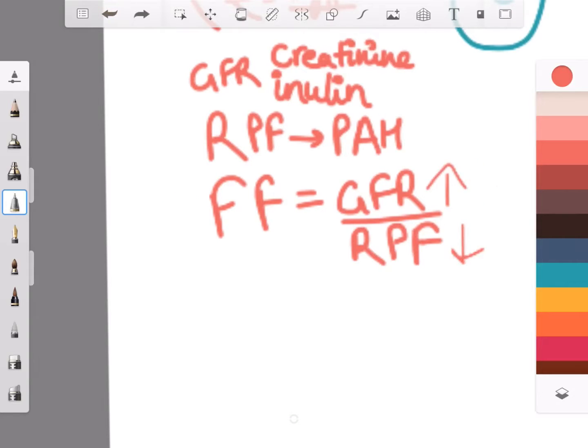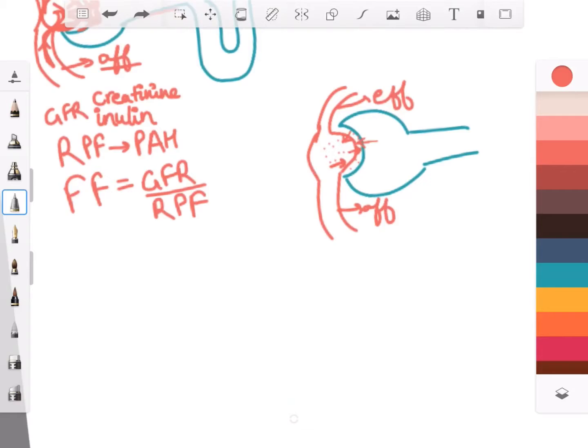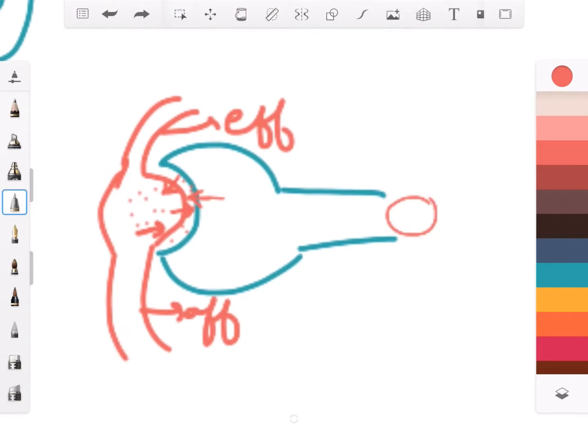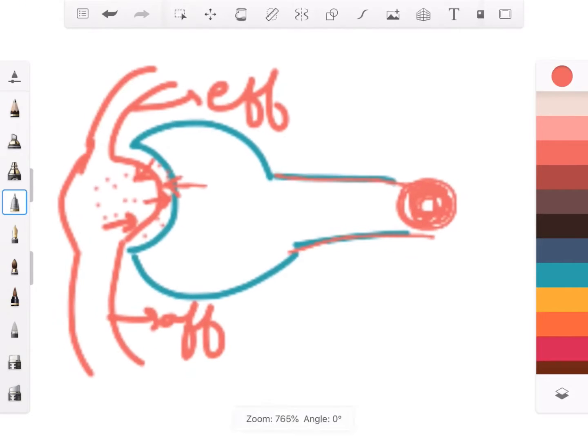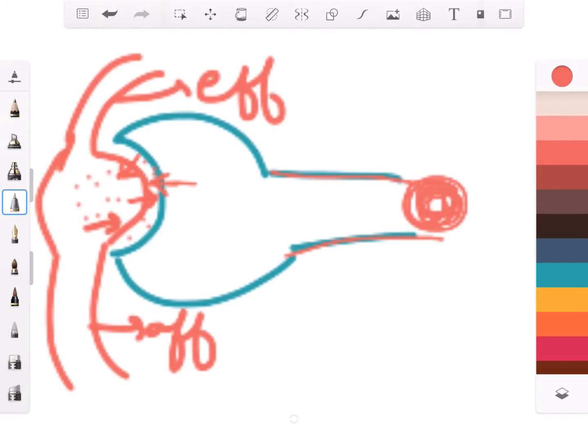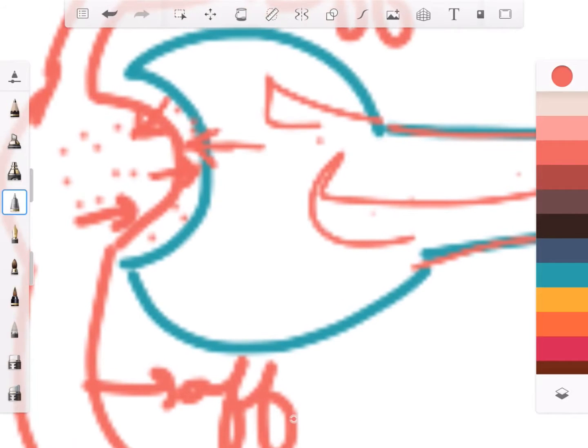Now let's talk about another case. Let's say there is a stone in the ureter. If there's a stone anywhere down the line after the nephron, there's going to be a lot of pressure built up here. All of this pressure is going to increase the hydrostatic pressure on the glomerulus.